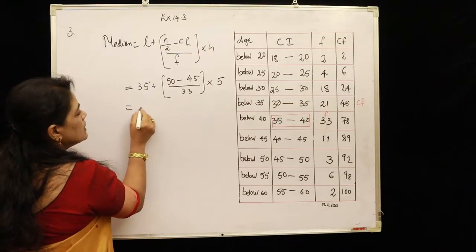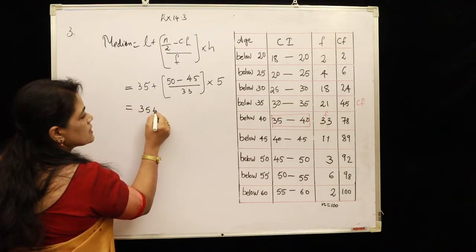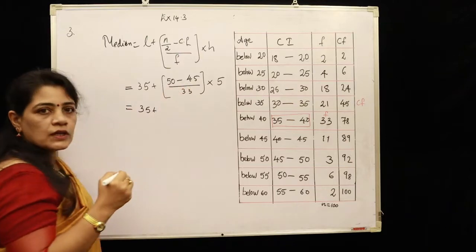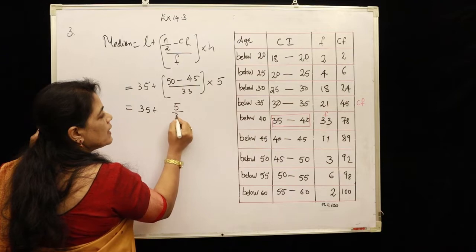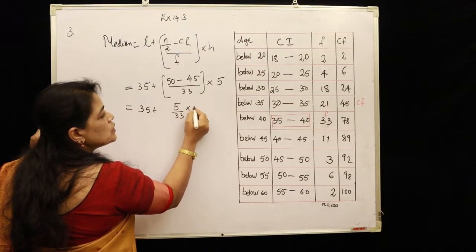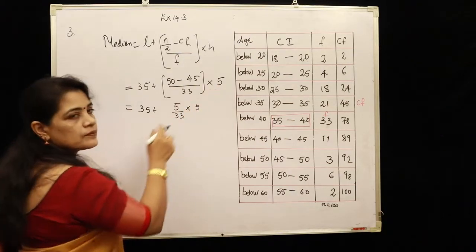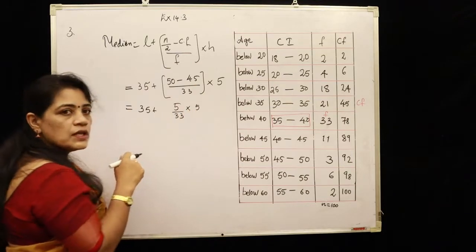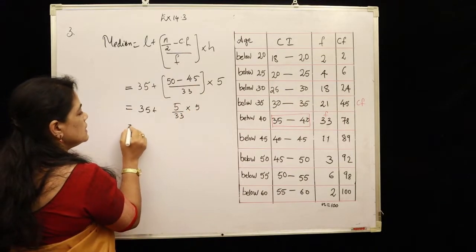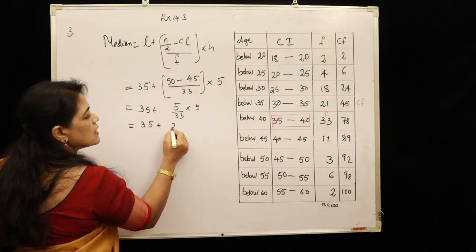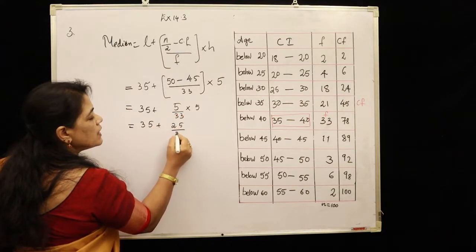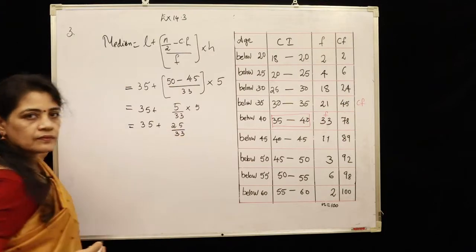So 35 plus, 50 minus 45 is 5, 5 divided by 33 into 5. So 5 fives are 25 divided by 33, that is 35 plus 25 divided by 33.